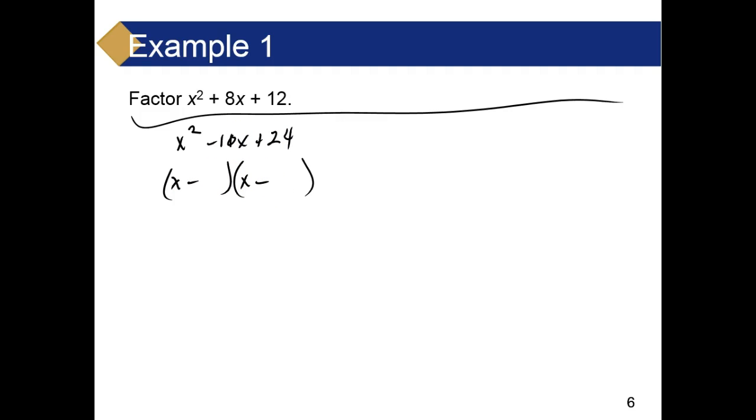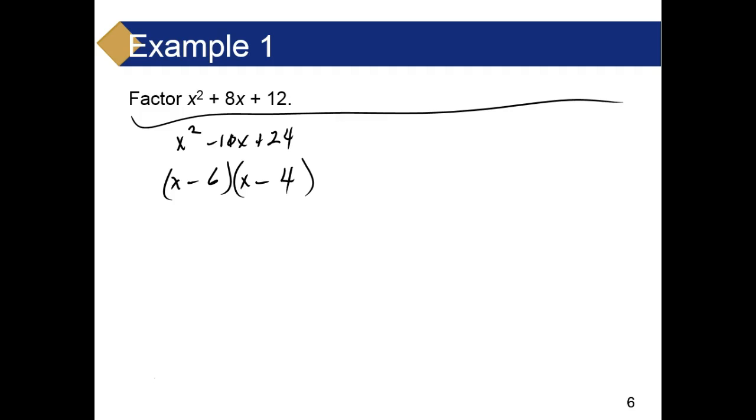Now we're looking for two numbers that multiply to be 24 and add to be 10. 6 and 4. Perfect. And we check it. You don't have to, but I like to. X squared minus 4x minus 6x is minus 10x plus 24. Got it.